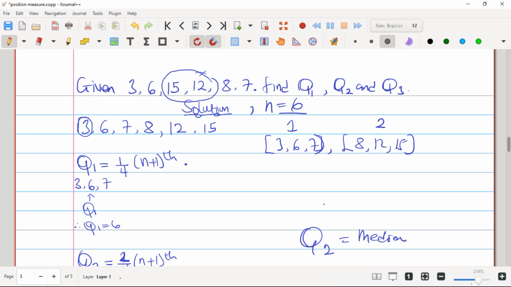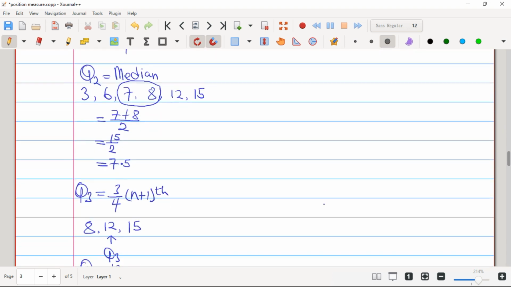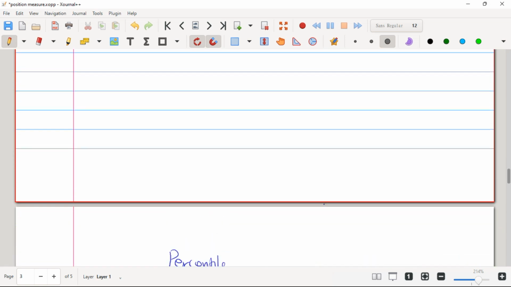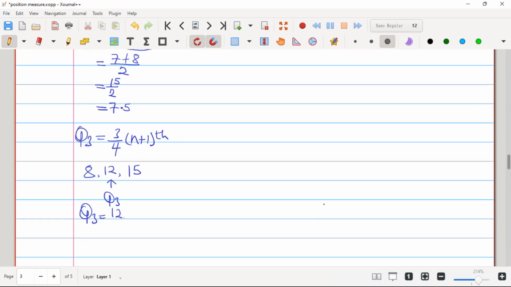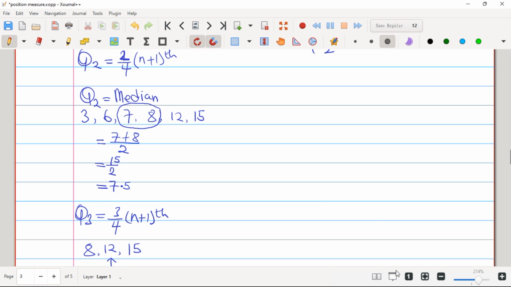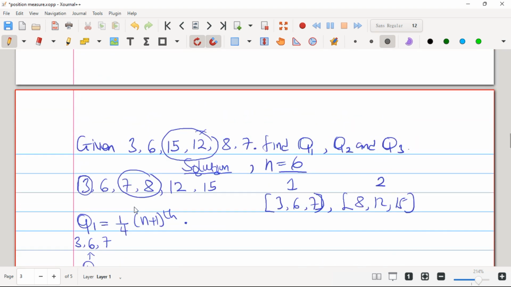You come to what is arranged in order, and then choose the middle numbers. You are going to choose 7 and 8. So here will be 7 plus 8 divided by 2. You are going to have 15 divided by 2, and our final answer will be 7.5. So here our second quartile is 7.5.